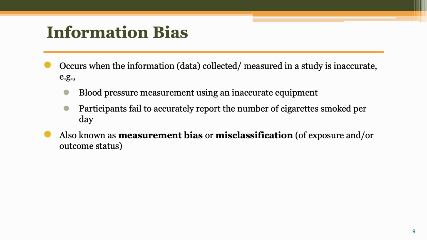Information bias occurs when the information collected or measured in a study is inaccurate, for example, when inaccurate equipment is used to measure blood pressure, or participants fail to accurately report the number of cigarettes they smoke per day. This type of bias is also known as measurement bias or misclassification.